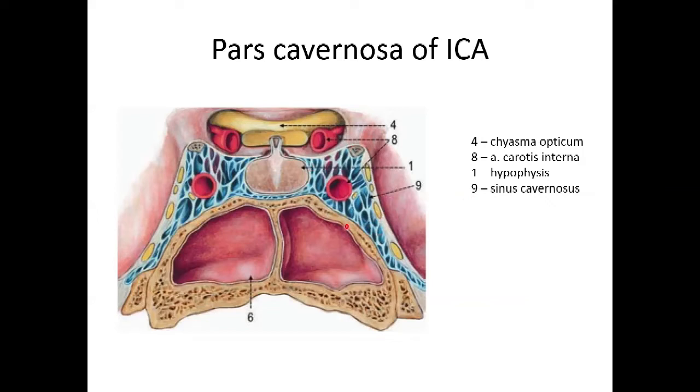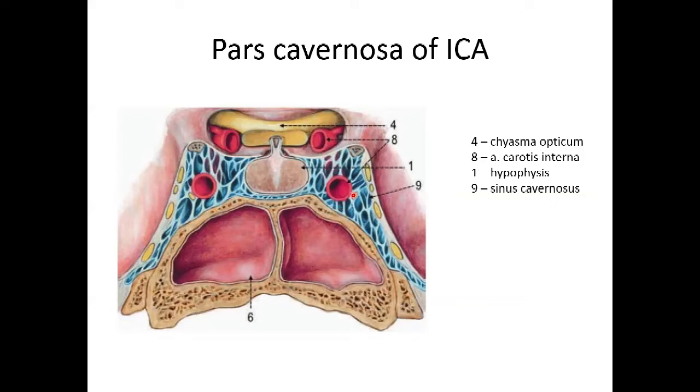So what is it, sinus cavernosus? It's a very interesting venous structure which consists of numerous small anastomosing vessels which surround Arteria carotis interna, number 8.